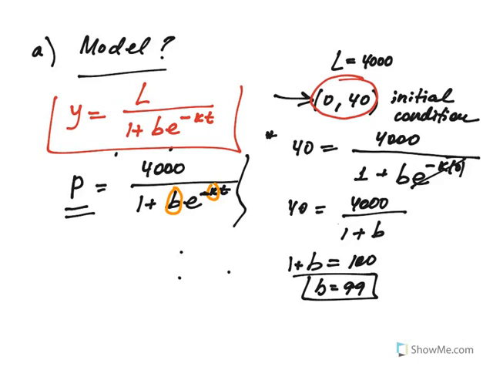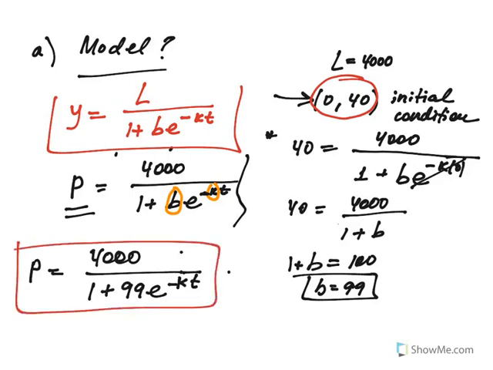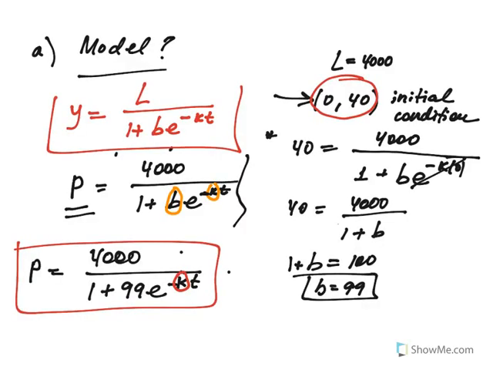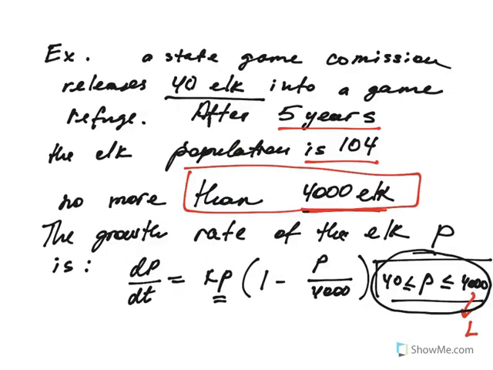All right, so far we have P equals 4,000 over 1 plus 99 e to the power of negative kt. Okay, beautiful. So far we have this equation. But in order to finish it and express our final logistic model that represents this situation, we need to find k. Well, we're going to use another piece of information given. They tell you, and let me go back, that after 5 years, the population is 104.